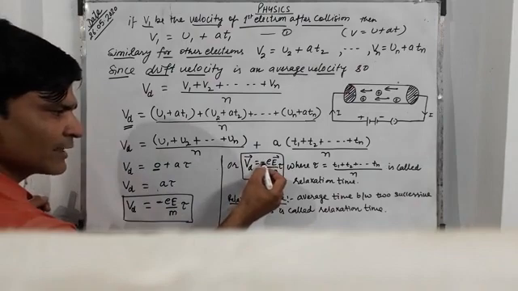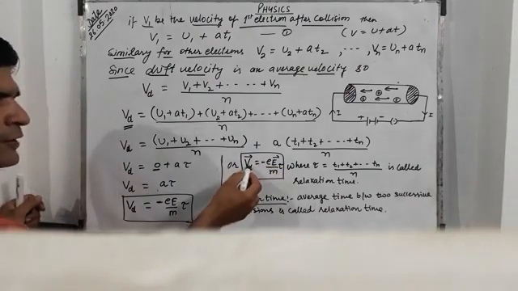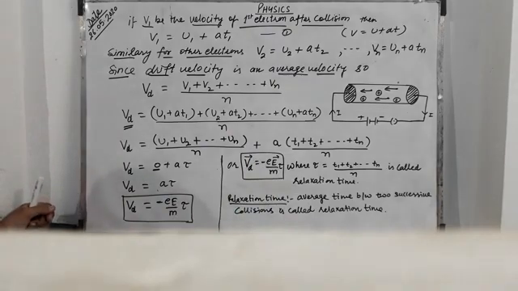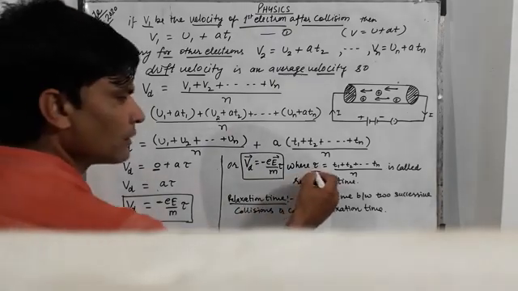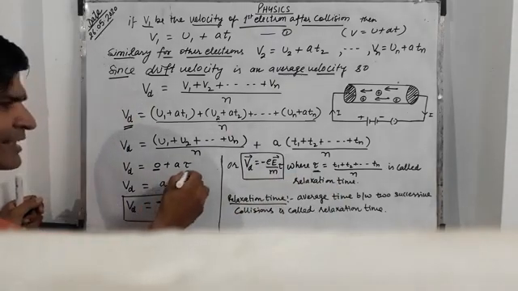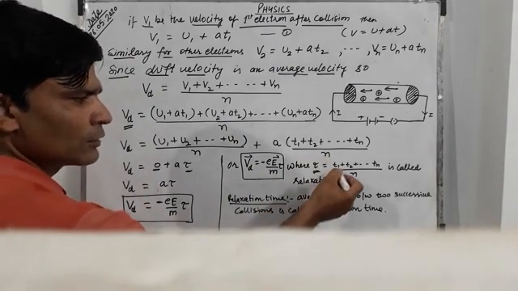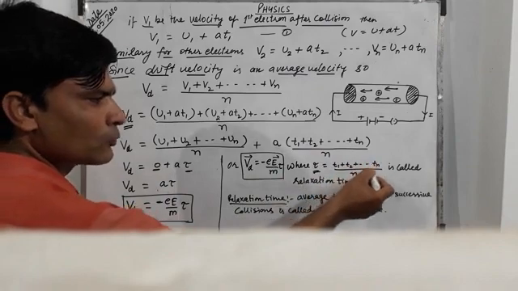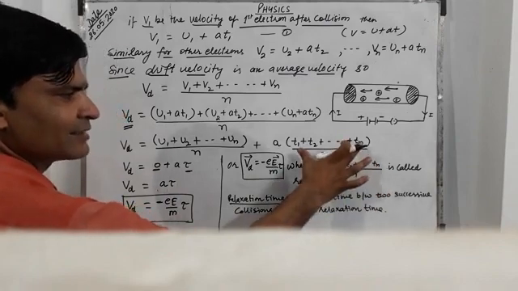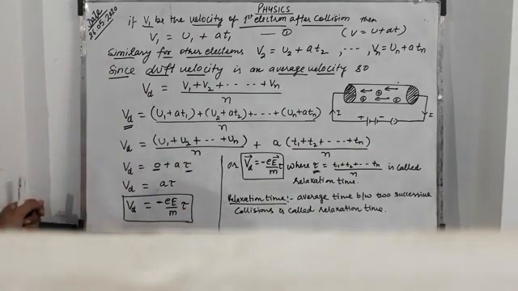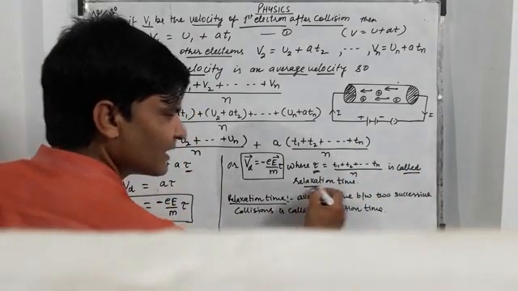This negative sign shows that drift velocity is opposite to electric field. Okay, as we know that tau is relaxation time, the value of tau is equal to t1 plus t2 up to tn upon n. This is the value of tau, which is called relaxation time.